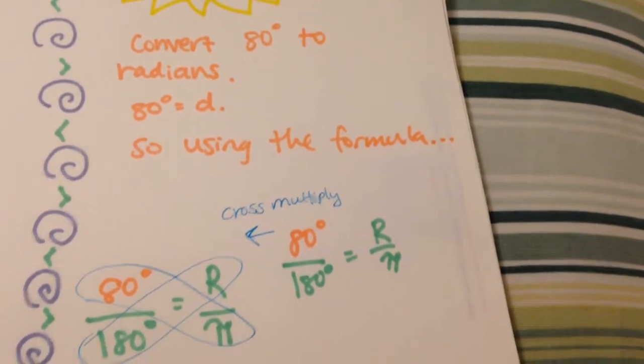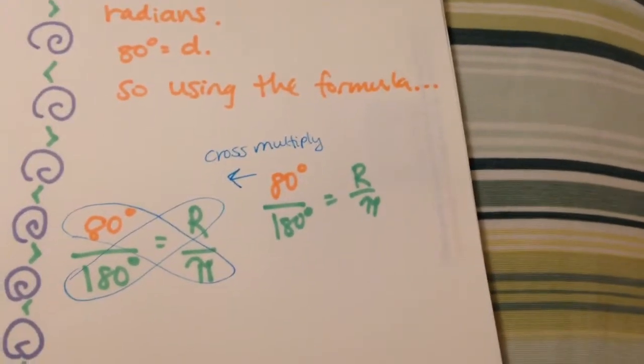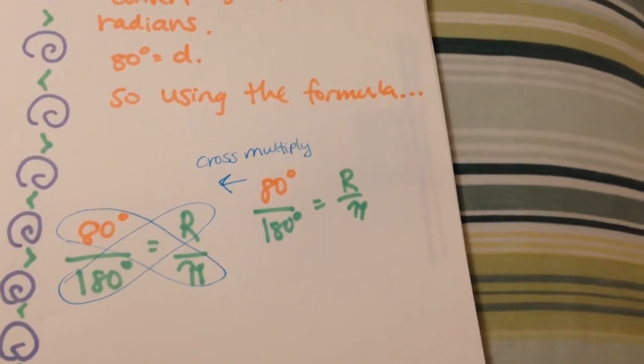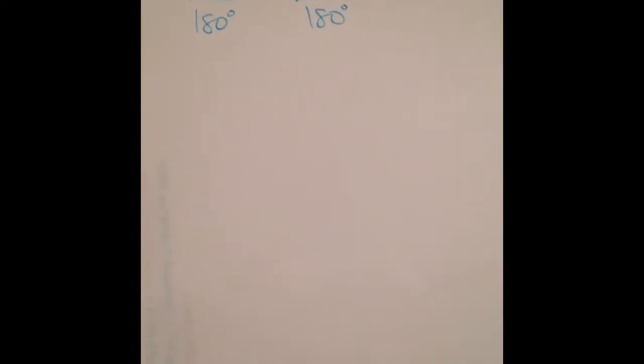80 will represent D and replace D in the formula we just saw. And then we can cross multiply and solve for R. Okay, so now that we have our formula set up, we can look for what radians is. 180 over 180 cancels out.